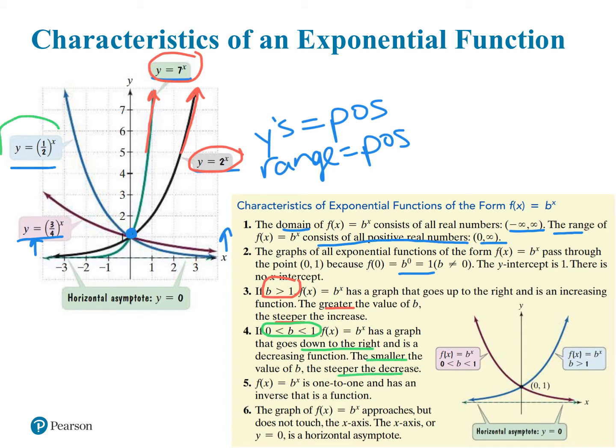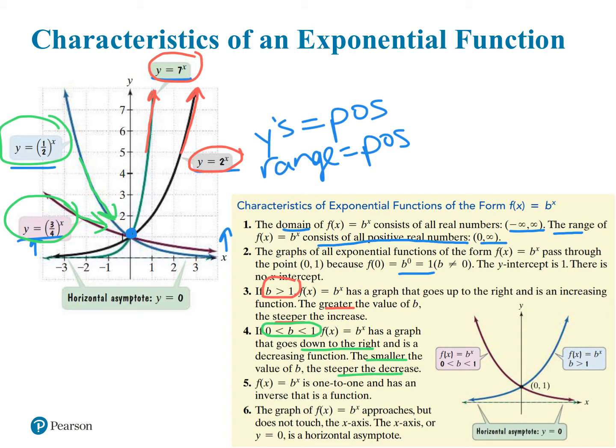So let's compare this one and this one. You can see that they're going down to the right instead of up. And 3/4 is bigger than 1/2. So the 1/2 is smaller, and so it's a steeper decrease than the 3/4.